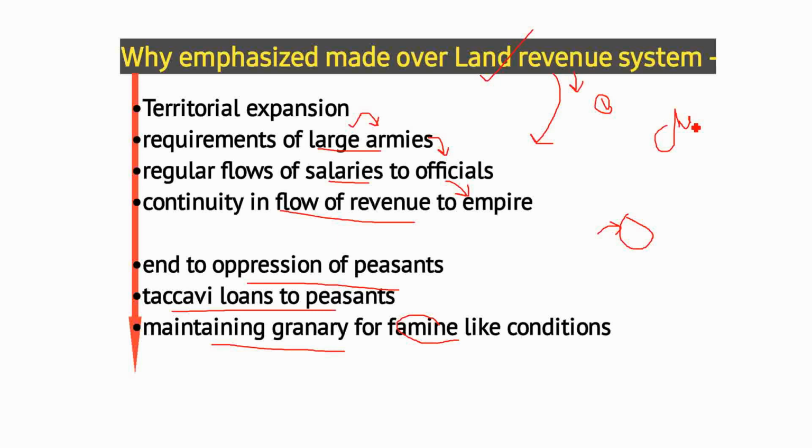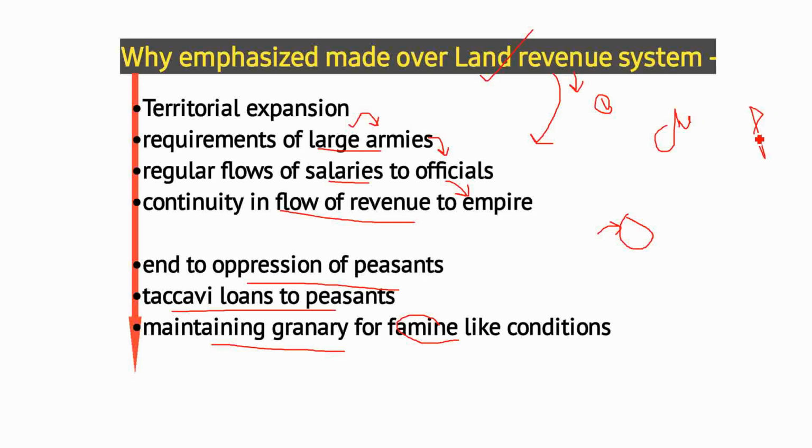At this time, it is in the second position. China is an expansionist country, so the first thing China should focus on is resources. How should China maintain resources for the daily supply of the armies, and to pay handsome salaries to the officials so that they will be loyal to you? All these factors were responsible for strengthening the land revenue system during the time of Akbar.